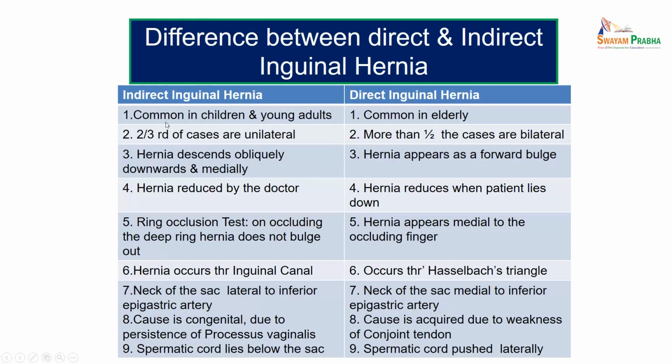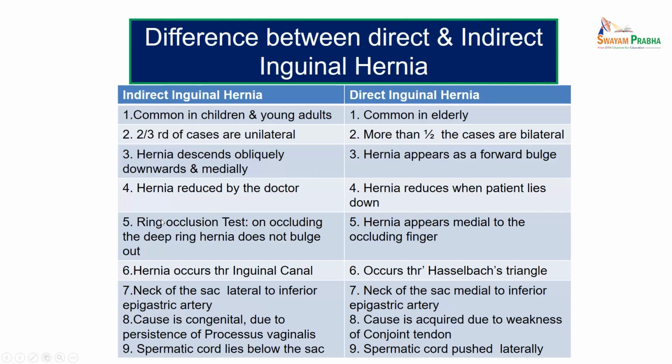Indirect inguinal hernia descends obliquely downwards and medially. It is going to pass through the inguinal canal. Direct hernia appears as a forward bulge. It is going to occur through the Hasselbalch's triangle. Indirect inguinal hernia is usually reduced by the doctor, and direct hernia reduces when the patient lies down.